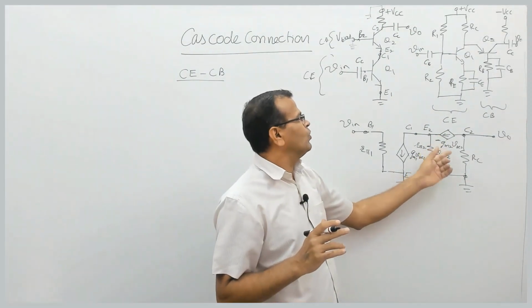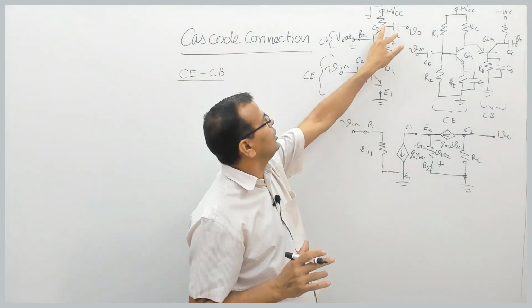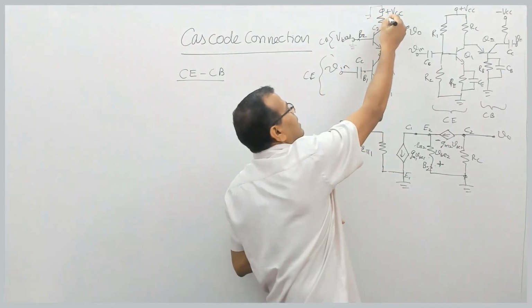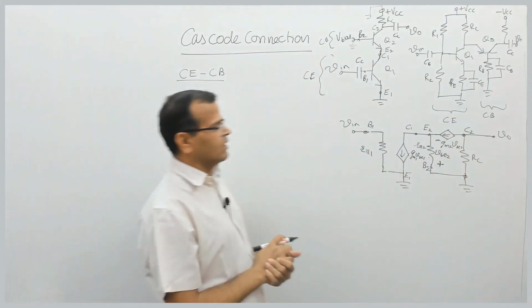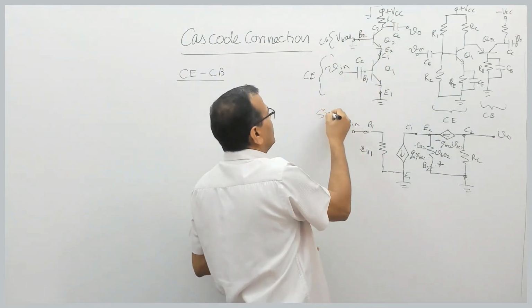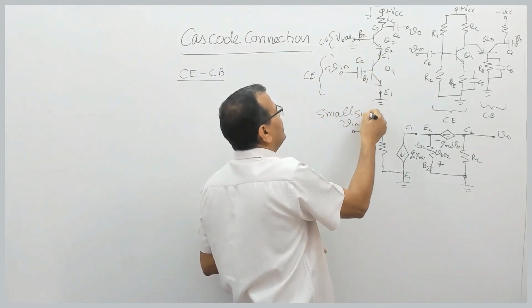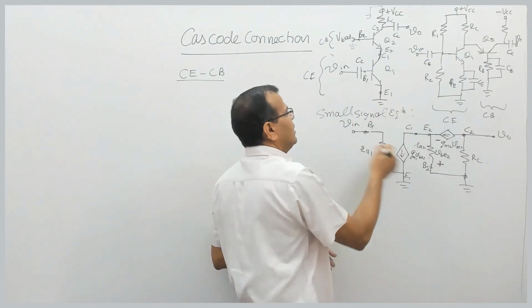So gm2 VBE2. Then what is there between C2 and ground? Resistance RC. So this is the small signal equivalent circuit of this circuit.